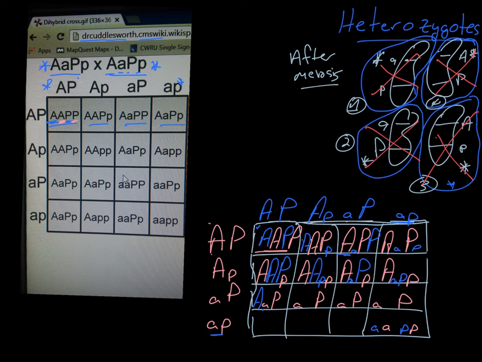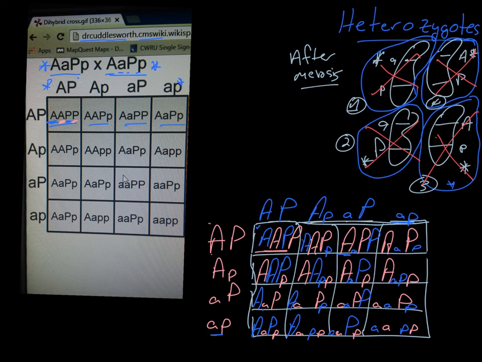And again, this is big A. And Dad's going to have a little p. And here we've got little a, big P, and little a, little p. And Mom finally is little a, little p, little a, little p all the way across the board. And Dad is going to have big A, big P, big A, little p, little a, big P.